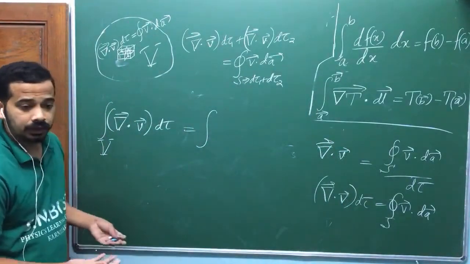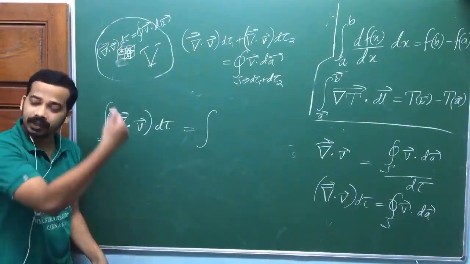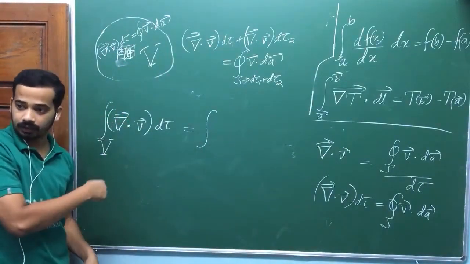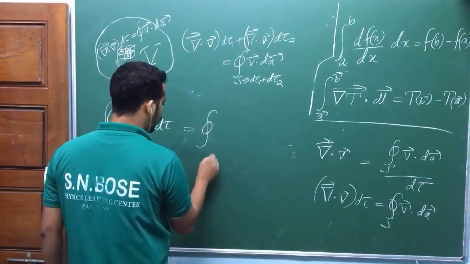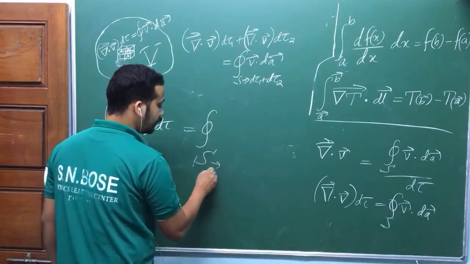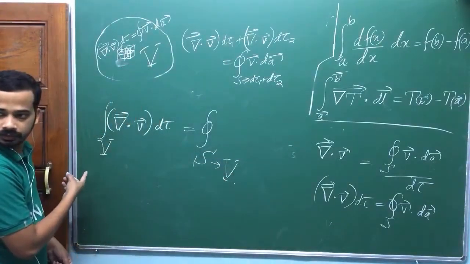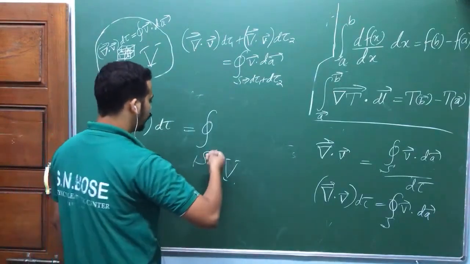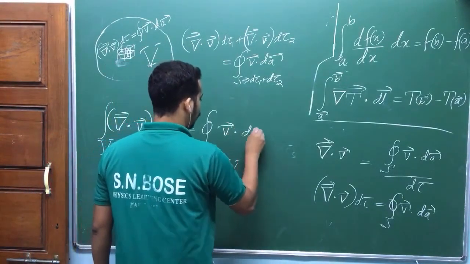The surface which encloses the volume, that surface integral will remain. Just take the earlier logic again, you will understand. Wait a second. So the closed surface integral, the surface corresponds to this volume V, of V bar dot dA bar.